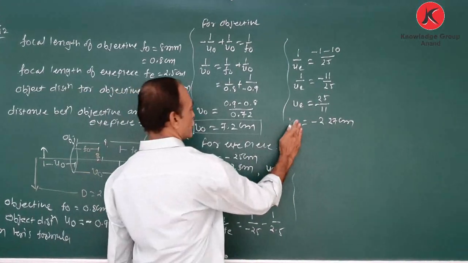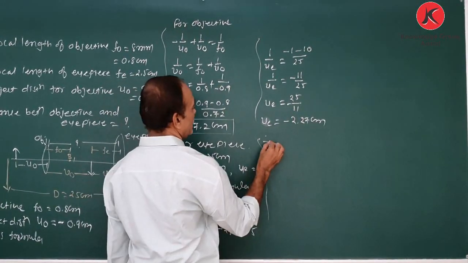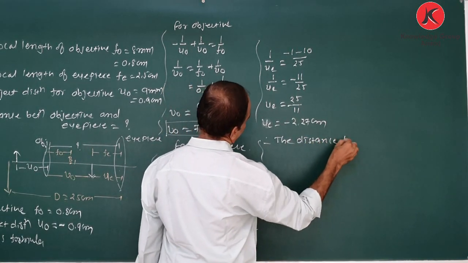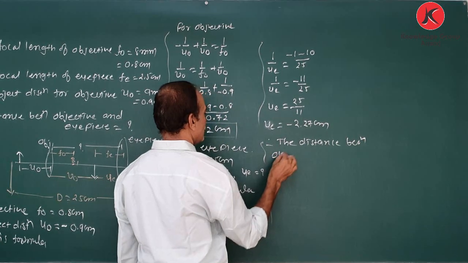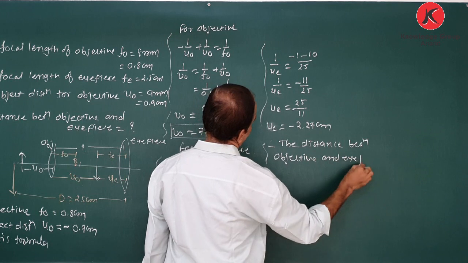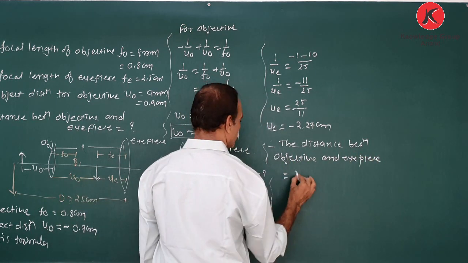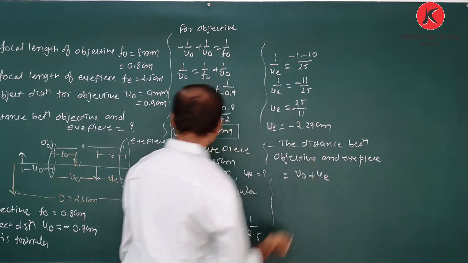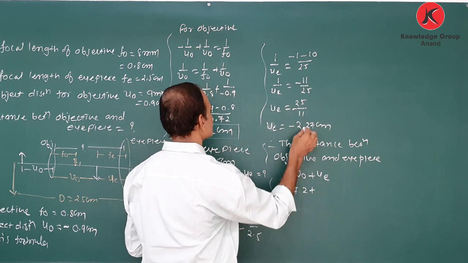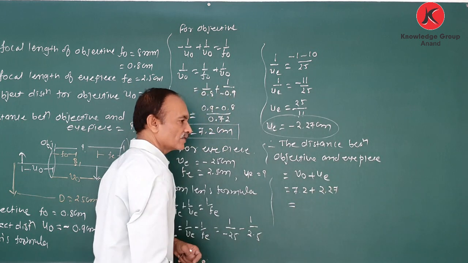UE is equal to 2.27 centimeter in magnitude. Therefore, the distance between objective and eyepiece is equal to V0 plus UE. What is the V0? 7.2 plus this 2.27.